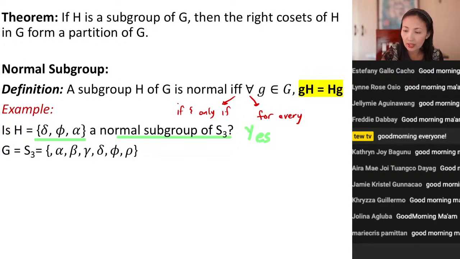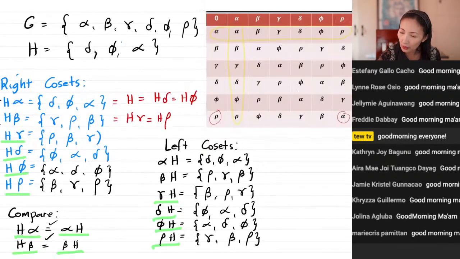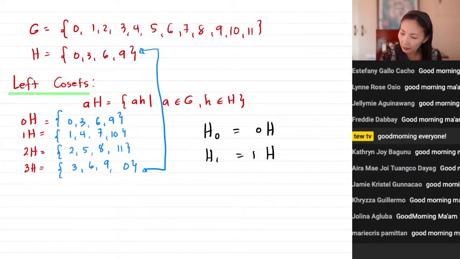So we're done with checking on the left and the right cosets. How about the previous examples that we had? The one with Z sub n. Is H also a normal subgroup?